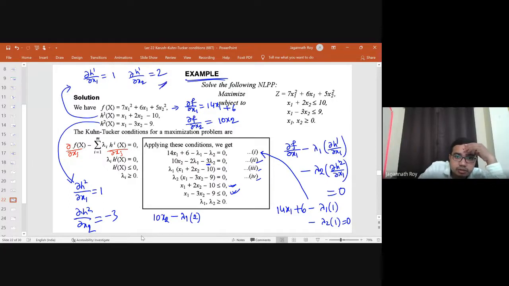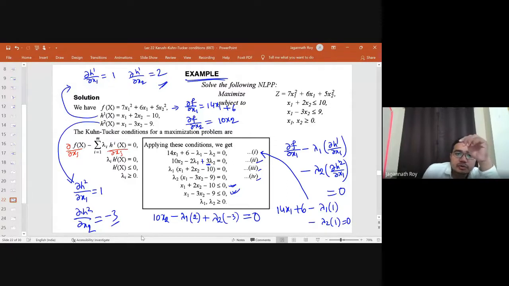So this 2 minus lambda 2 into this one. So this is minus 3, right? Yes, sir. So now it will become 0. So this is becoming plus.